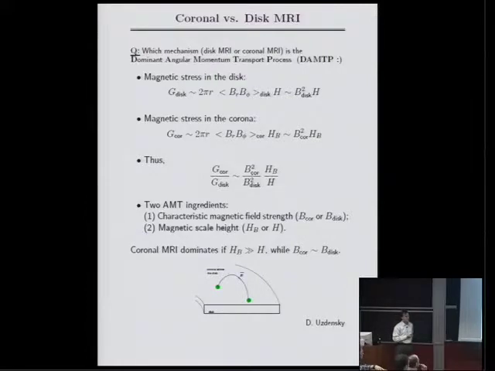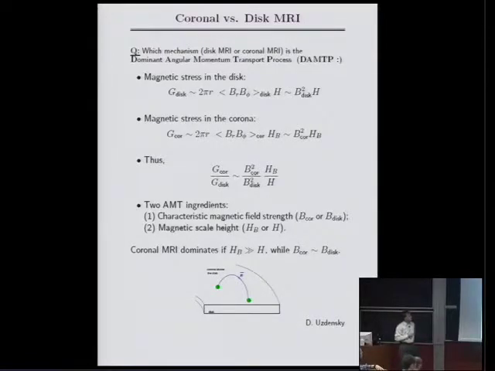So the point here is that whereas the gas is concentrated in the midplane due to gravitational stratification, the magnetic field doesn't have to be. It's not subject directly to gravity. So in principle, magnetic fields can extend to much higher distance above the disk. Therefore, what matters is not really the gas scale height, but the magnetic scale height, because we are talking about magnetic angular momentum transport here.